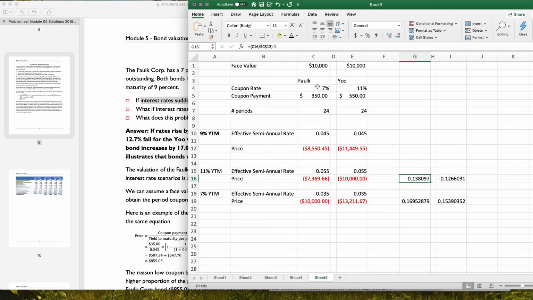This would be a very logical theory question to ask on a test. When the interest rate goes down, this bond, which was originally a 7% coupon rate, trades at par again, and the price goes up by more than it did for the 11% bond. So the lesson here is that the lower coupon bond is more sensitive to movements in interest rate, and that when the coupon rate is equal to the market rate, you will trade at par.